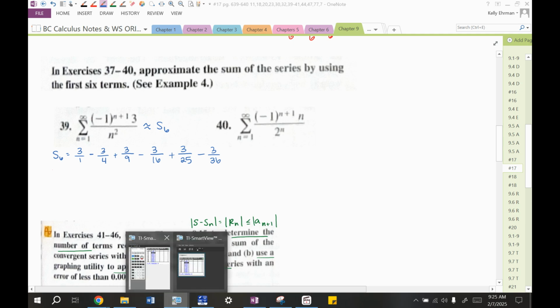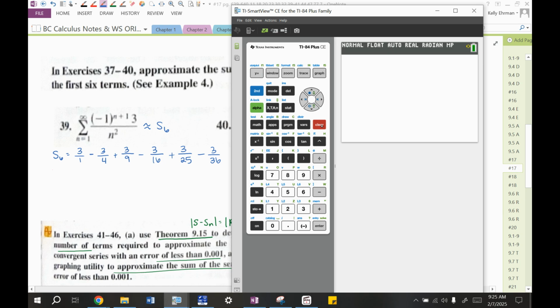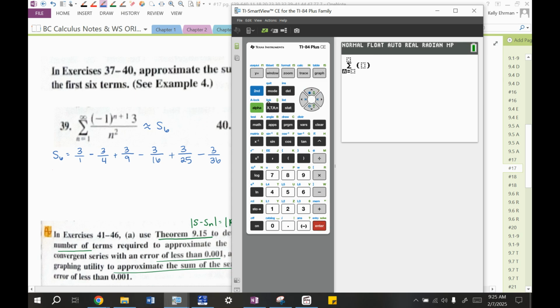Now, I can either type this in on my screen. It's not that hard to type in those fractions, right? Or you do have summation in your calculator in the math menu. Go toward the bottom. We do have this summation. Most of the new calculators have it. And you would just say x is equal to, this says start at 1. And we just want to go to 6, like add the first 6 terms.